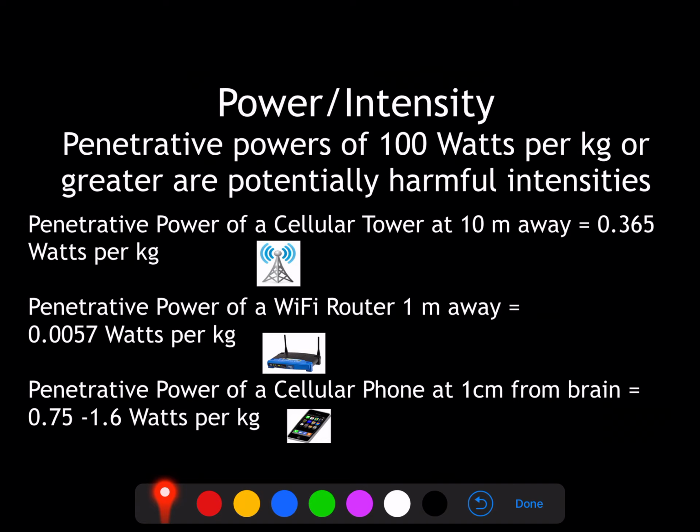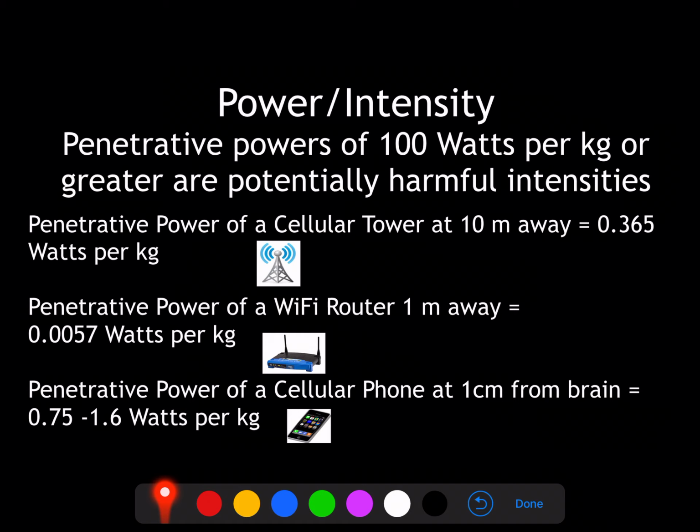So for comparison, to attach some other numbers for you, if you look at the power of a cellular tower, if you are 10 meters away from it, you're looking at 0.36 watts per kilogram, which is very small compared to this 100 watts per kilogram that we're worried about. If you're near a Wi-Fi router, 1 meter away from a Wi-Fi router, that's 0.0057 watts per kilogram, just a tiny, tiny fraction of even a watt per kilogram, let alone 100.